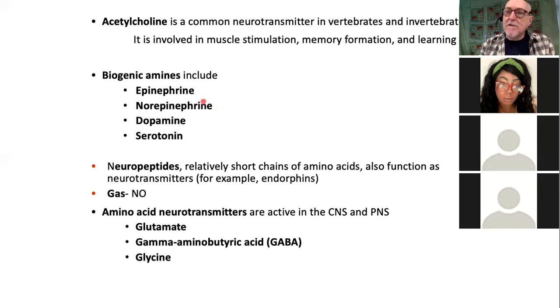But these are also strongly implicated in day-to-day awareness as well. So these are hormones, neurotransmitters. Yes, they are hormones as well, and we heard about them as hormones before, but they are actually also neurotransmitters.